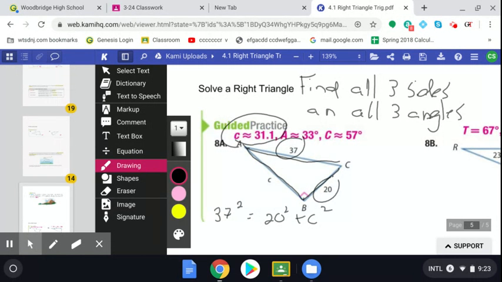And then you can find one of the angles. So let's say I want to find the measure of angle A. If I want to find the measure of angle A, I can use these two sides. That's opposite. This is hypotenuse.